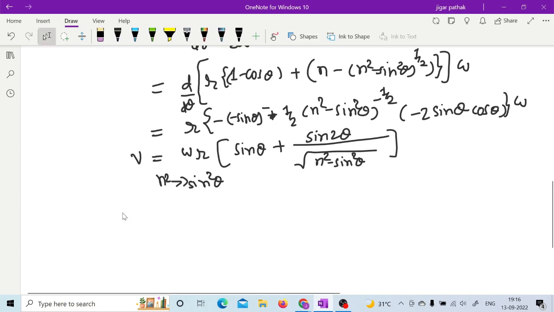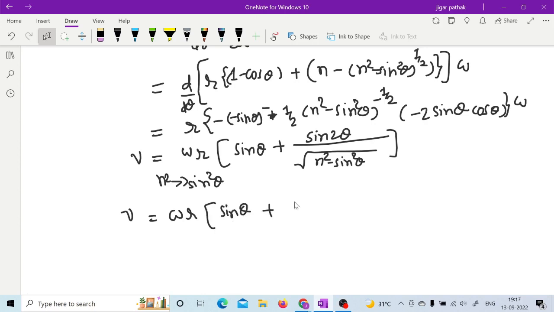Then the velocity is omega r in bracket sine theta plus sine 2 theta by 2n.